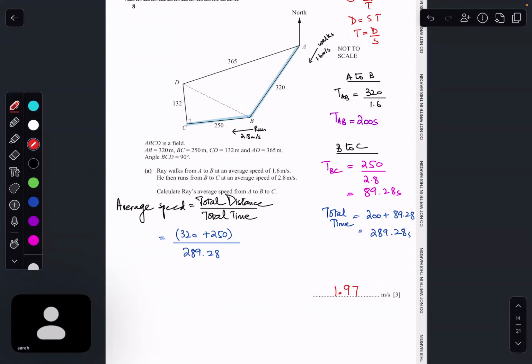I added 320 and 250 and then divided that by 320 over 1.6 plus 250 over 2.8, and I got the same answer. Okay, you added these two distances and the speeds. Is this what you're saying? Yes. Okay, that's fine.